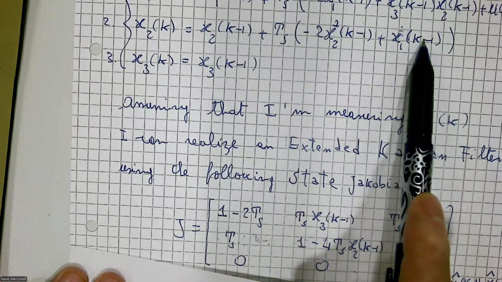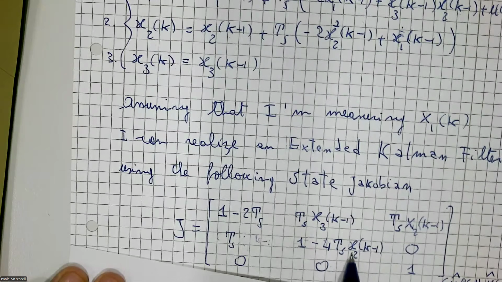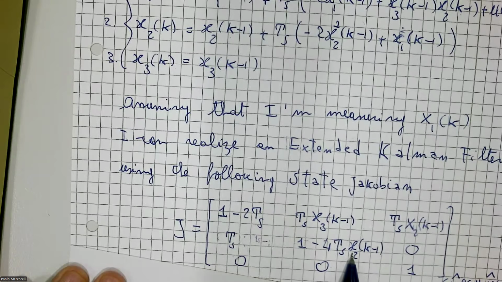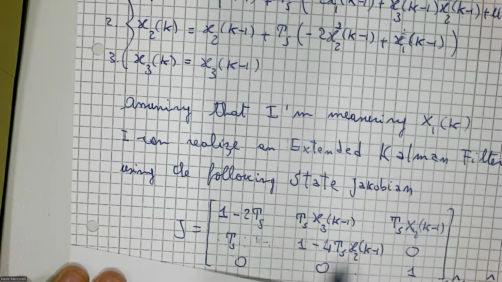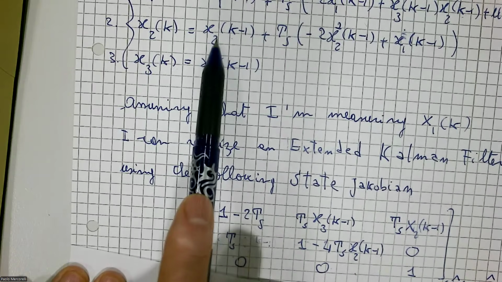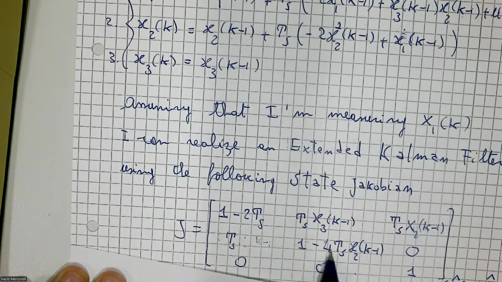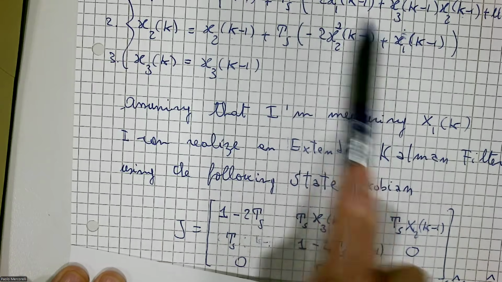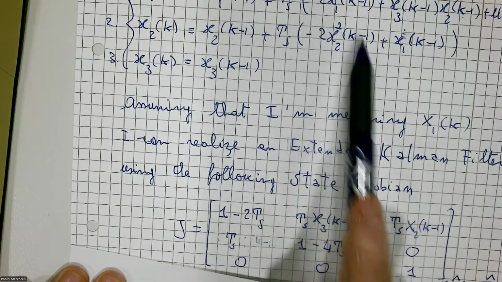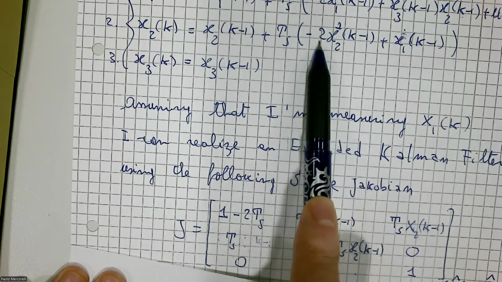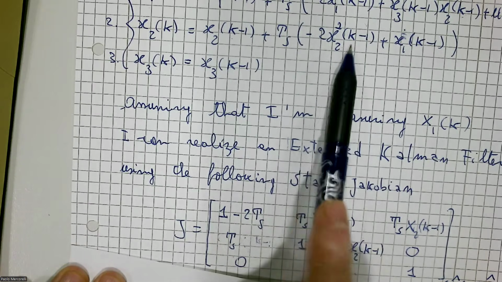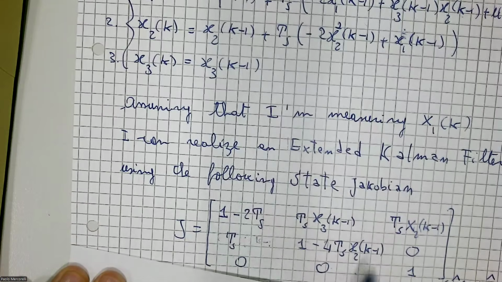Ts multiplied by 1. Why this one? This element here is the derivative again of x2 of k, this time with respect to x2 of k minus 1. Why 1? Because of this. Why 4 times Ts x2 of k minus 1? Because the derivative of this element here with respect to x2 is 4, because of the 2 factorial, minus 4 to be more precise, of x2 of k minus 1 multiplied by Ts.